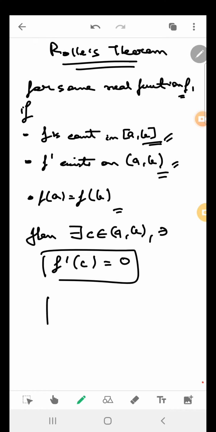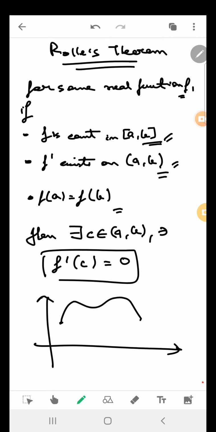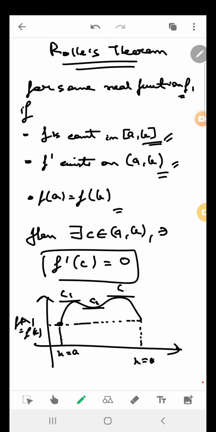So the graphical description can be something like this. Say this is x equals a, this is x equals b, and this is f(a) equals f(b). Suppose these are c1, c2, c3.